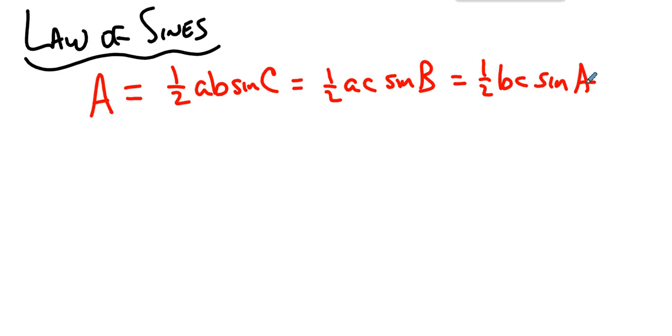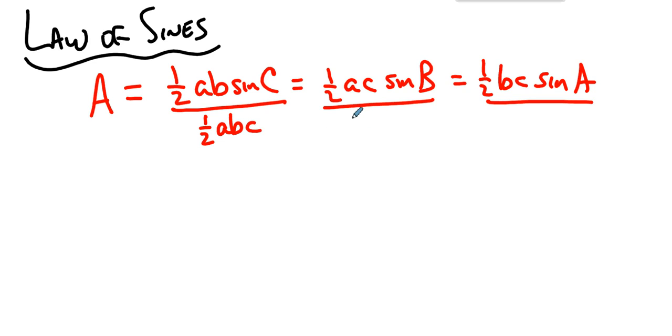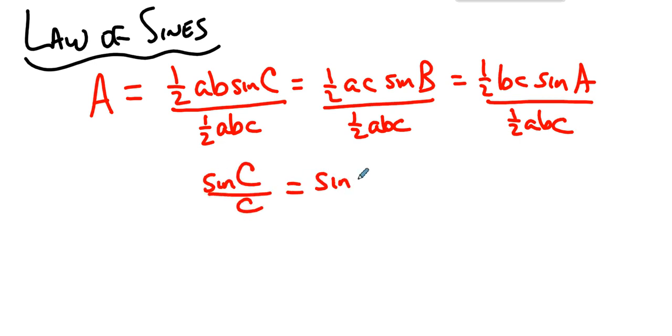The proof comes from the fact that A is not 0, B is not 0, C is not 0. So we can divide every quantity by 1/2 ABC, and all of a sudden, the very familiar law of sines pops right out of there.